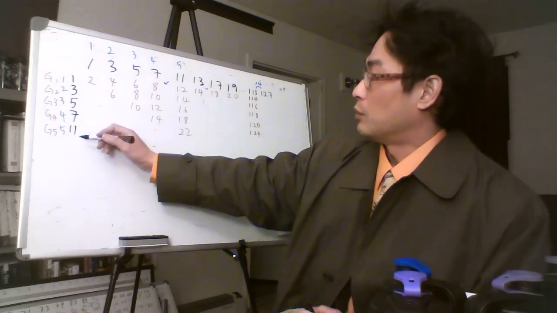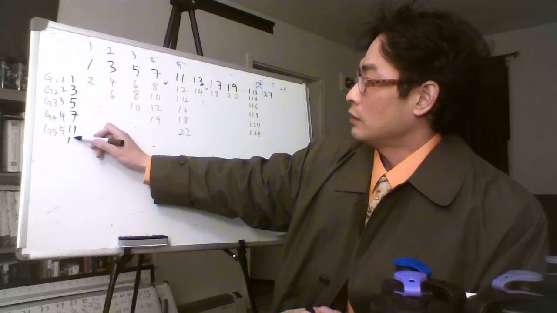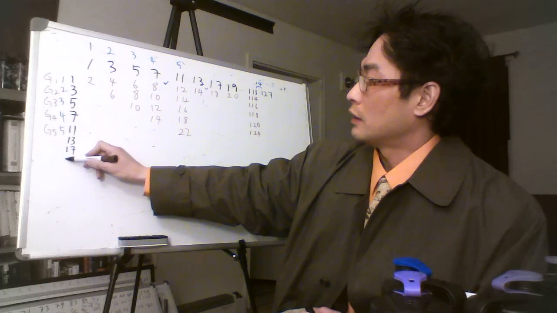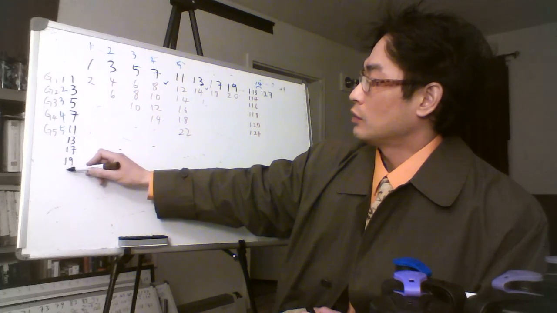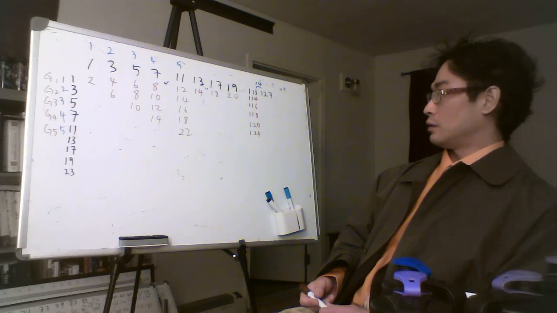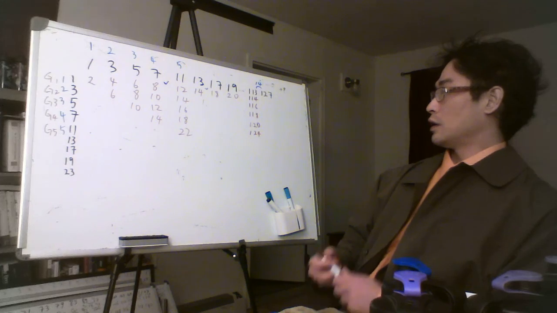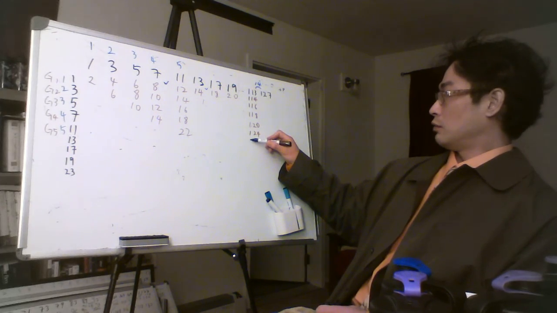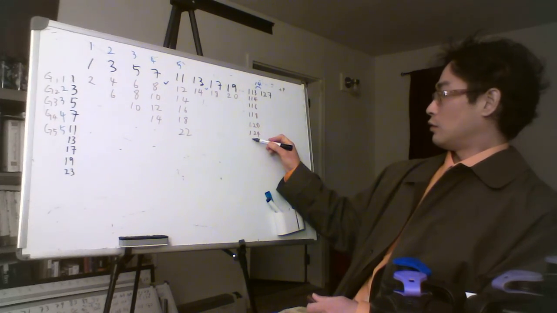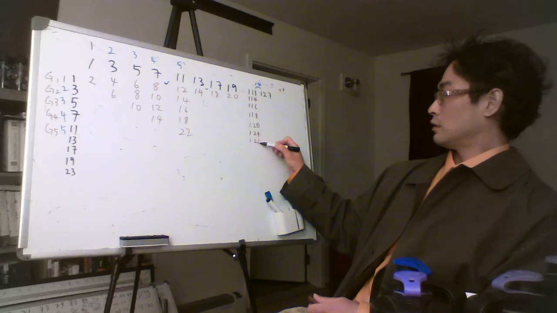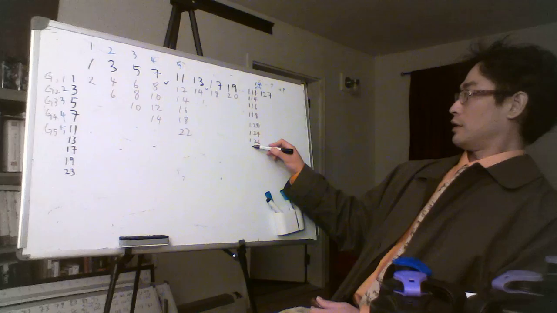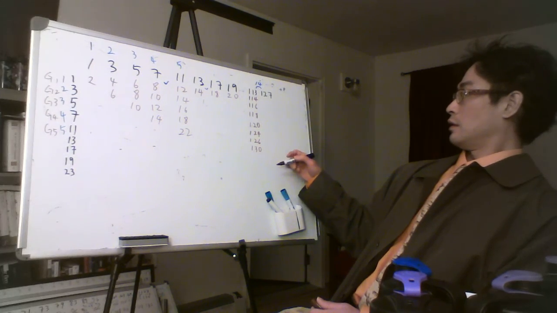And let's expand this a little bit more. Okay, 13, 17, 19, 21, 23. Okay. Then add 2, 1 to 6, and add 4, 130, and on.